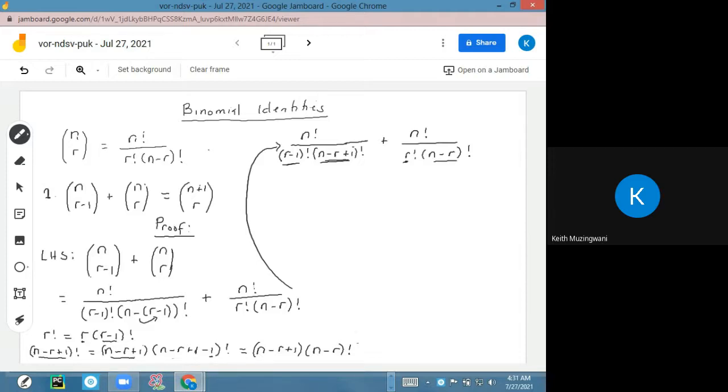Just like we were solving, if you are given 7 choose 3, we were saying this is 7 factorial over 3 factorial, 7 minus 3 would be 4 factorial. And then we are reducing 7 up to 4 factorial because we've seen it down there.